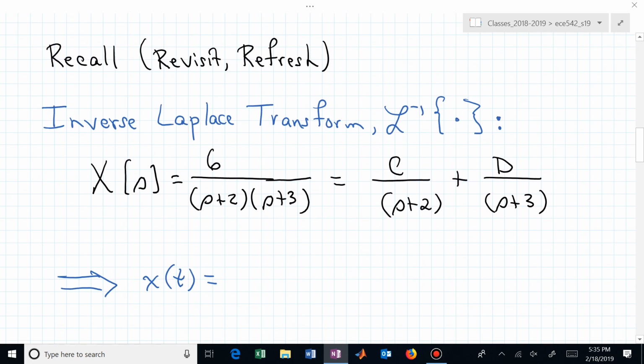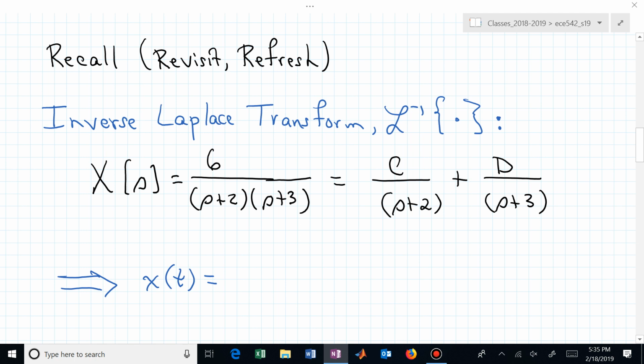Let's start with where we hopefully are familiar. So I'm saying recall or revisit or refresh our memory, and relative to the inverse Laplace transform. If we wanted to inverse Laplace transform this expression for capital X of S. We're in the S domain. It's the frequency domain, but now it corresponds to continuous time waveforms in the time domain.